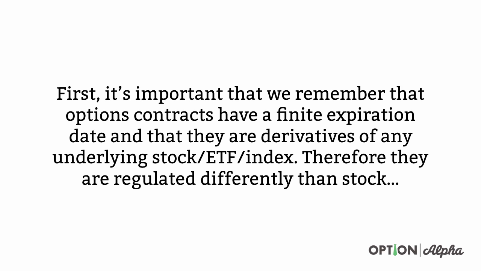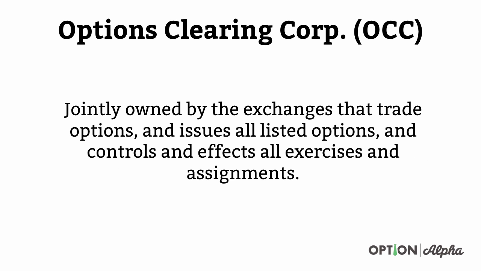First, it's important that we remember that options contracts have a finite expiration date and that they are derivatives of underlying stocks or ETFs or indexes, and therefore they're regulated differently than an actual stock. So I first want to introduce options expiration and assignment by talking about the Options Clearing Corp, or OCC.